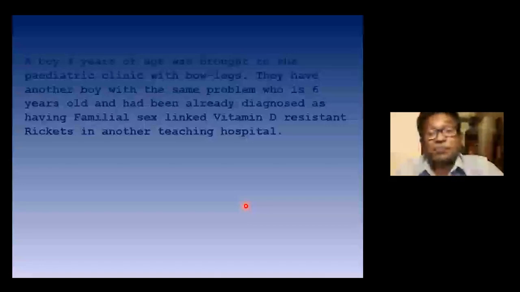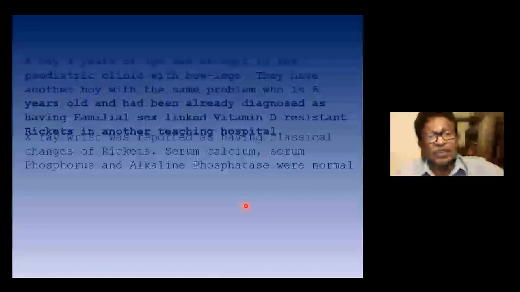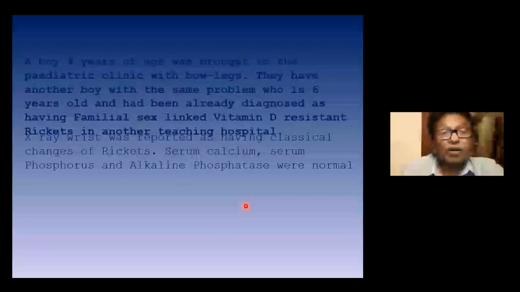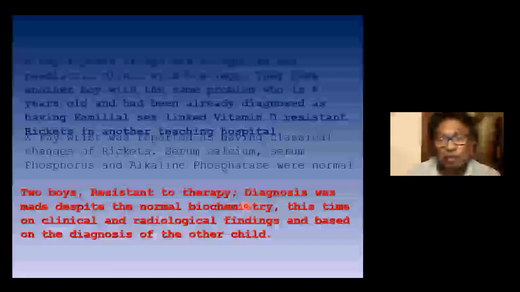The X-ray wrist was reported as having classical changes of rickets. Serum calcium, serum phosphorus, and alkaline phosphatase were normal. So we have 2 boys resistant to therapy. The diagnosis was made despite the normal biochemistry. Serum calcium is normal, serum phosphorus is normal, serum alkaline phosphatase is repeatedly normal.